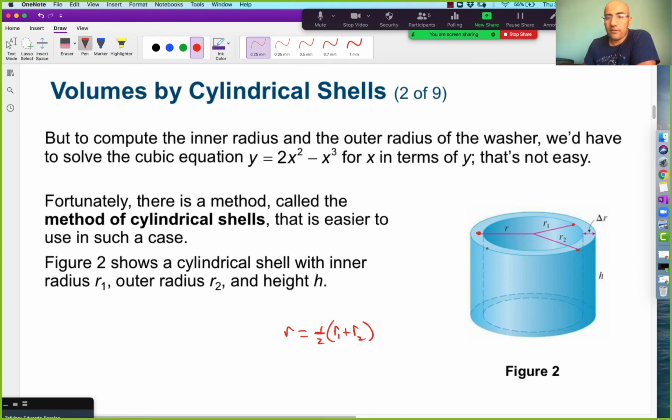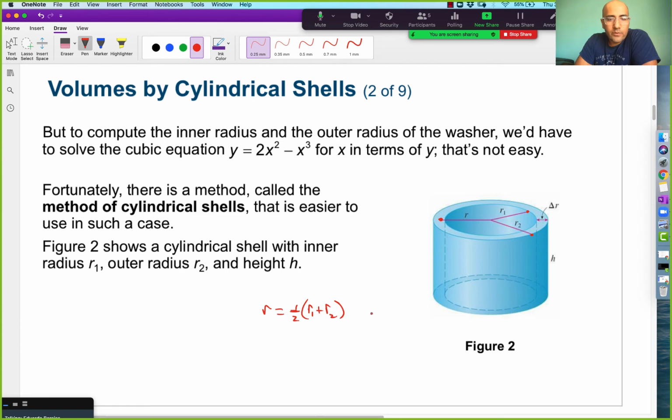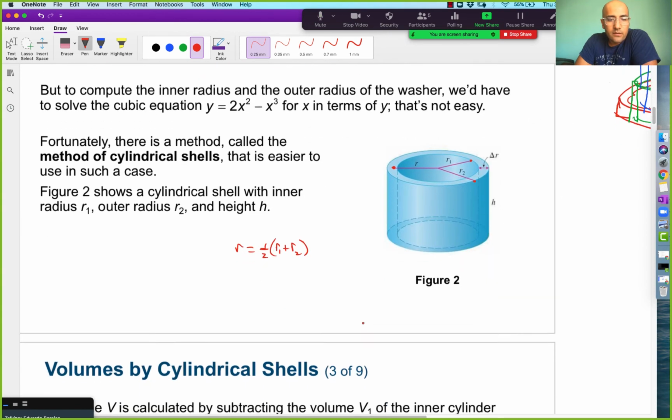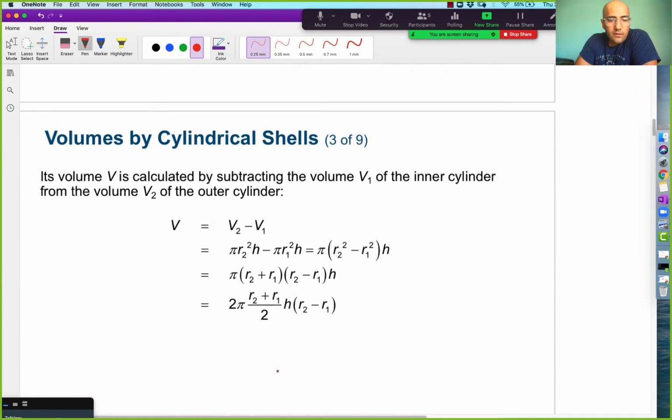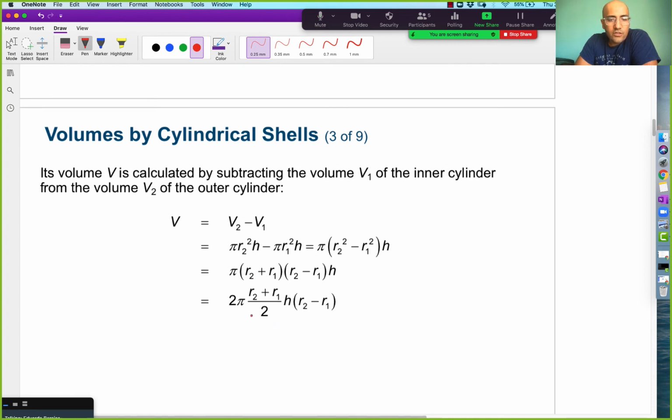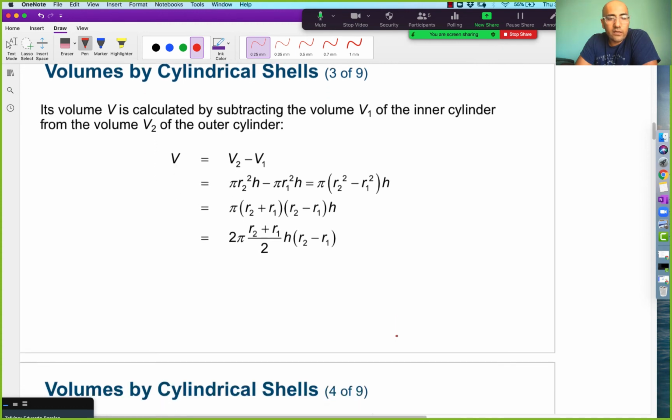Good. Just r. That's what the author is pointing out here, that this can be thought of as r that goes out to the center of our cylindrical shell.